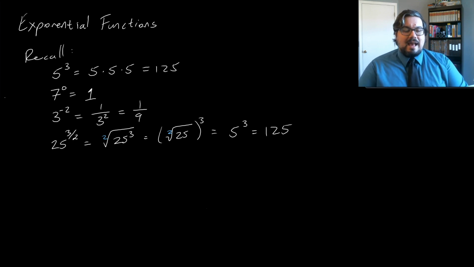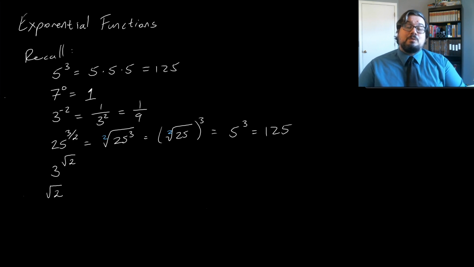So the question is, how do we handle something like 3 raised to the square root of 2? We can't use any of our previous rules for this because the square root of 2 is irrational. It cannot be expressed as a fraction, and therefore none of the previous rules apply.